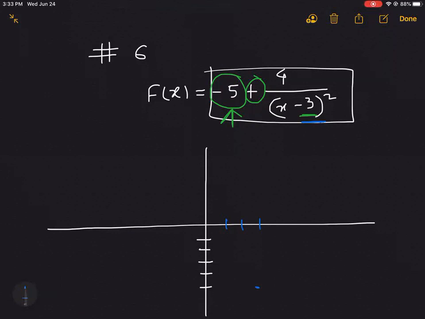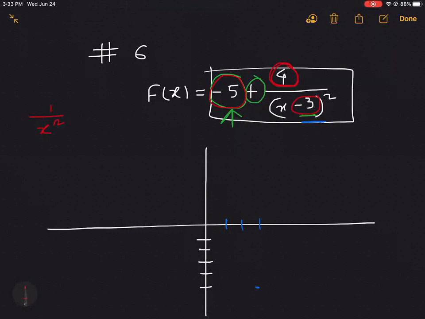So first of all, let us graph it. Oh, one more thing. We have a 4. We are multiplying the main function by 4. We started with 1 over x squared. We have moved to our right by 3 units. We have gone down by 5 units, and this 4 means we are stretching the original graph by 4 units, right?